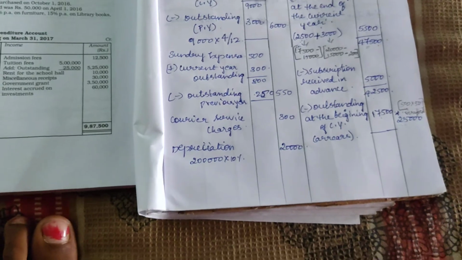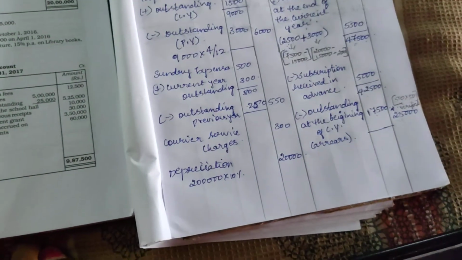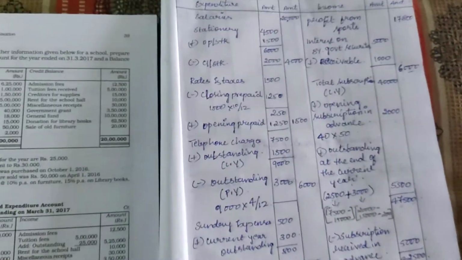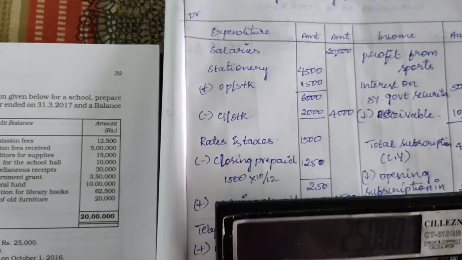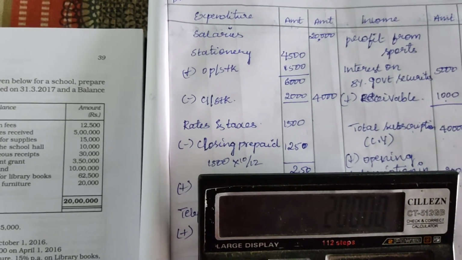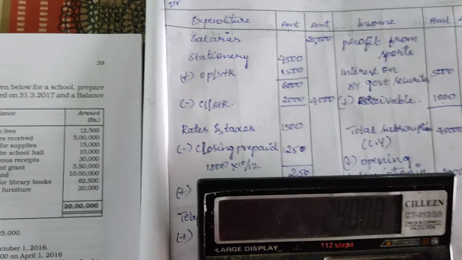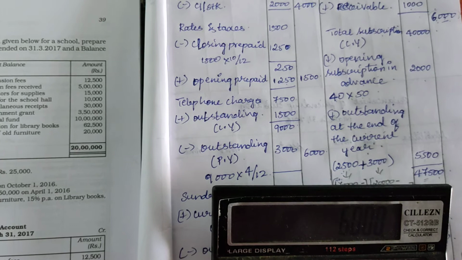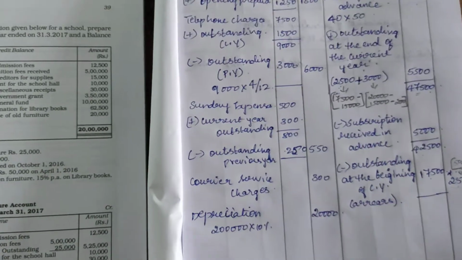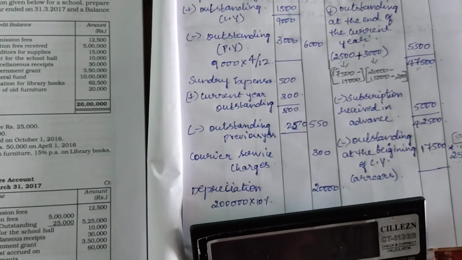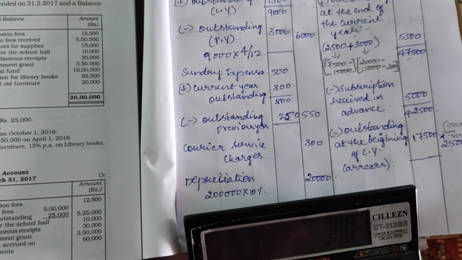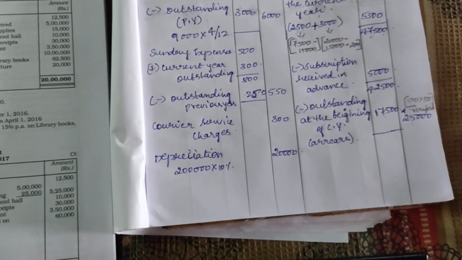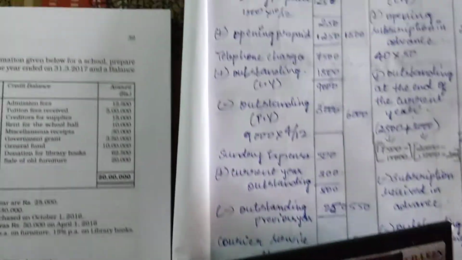Now let us see whether we will get the surplus amount or the deficit amount. So this side, expenditure side, 20,000 plus 4,000 plus 1,500 plus 6,000 plus 550 plus 300 plus 20,000 is equal to 52,350.